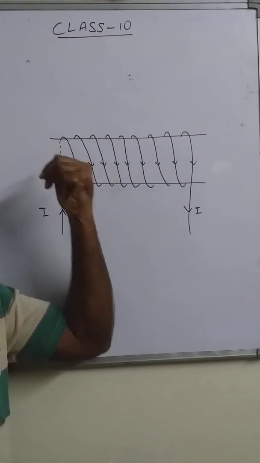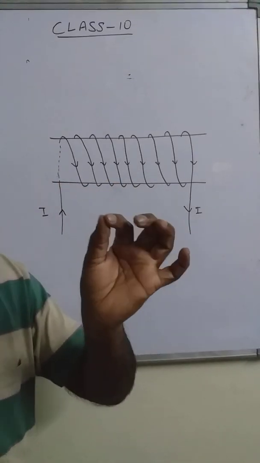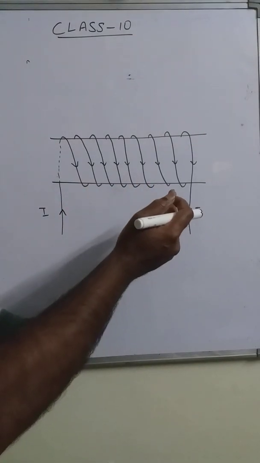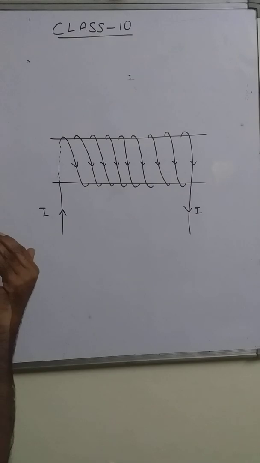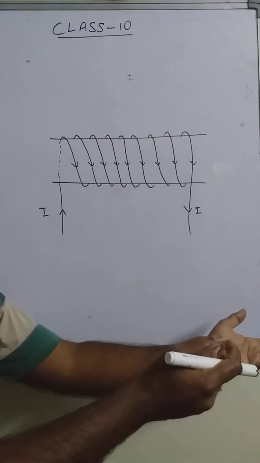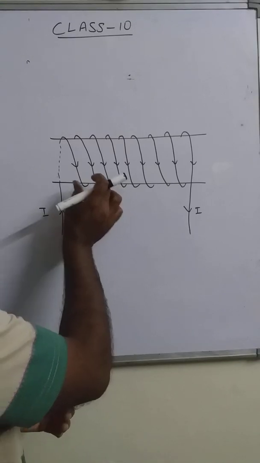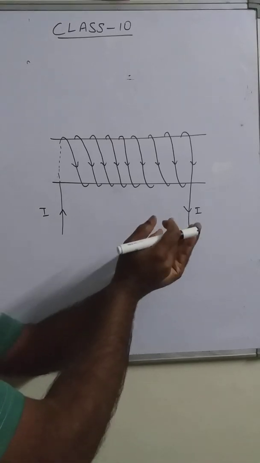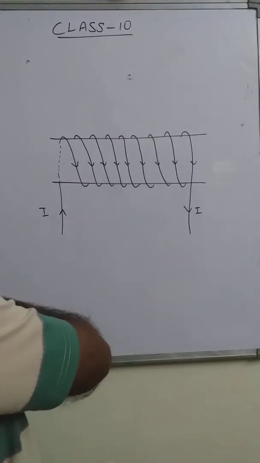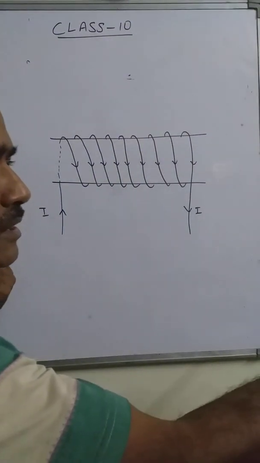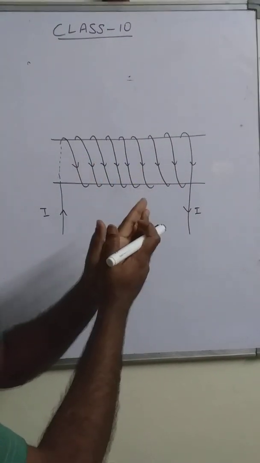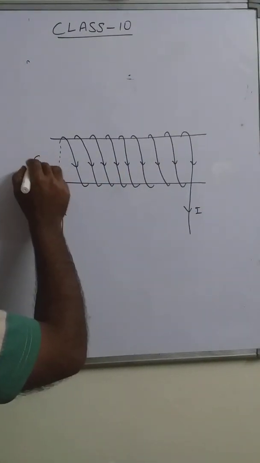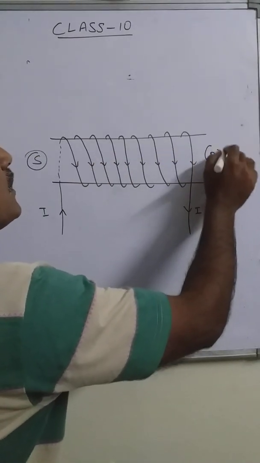So we consider all the turns to behave like tiny magnets, in which all the south poles are on the same side and all the north poles on the other side. We can assume it is a collection of tiny magnets. By combining, we get a large magnet with the south pole on this side and the north pole on the other side.